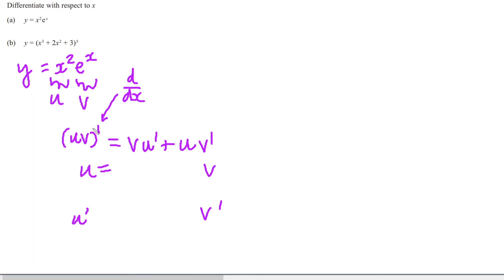Prime is how you pronounce the apostrophe, by the way. So u is x squared, differentiating x squared by moving the 2 down and getting the new exponent being 1, via the power rule. u prime is 2x. And v being e to the x, of course when you differentiate e to the x, you still get e to the x. That's your differential of e to the x with respect to x.